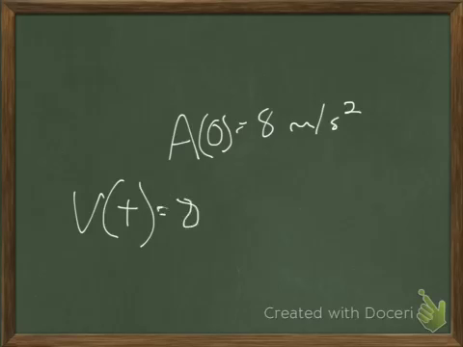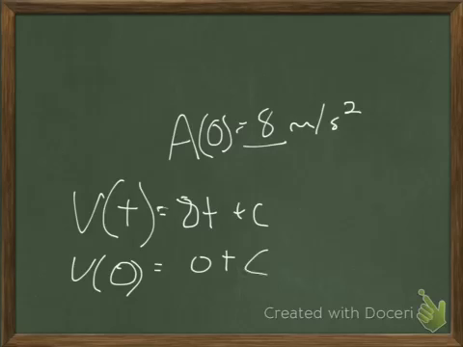So that gives us 8t, because the antiderivative of 8 is 8t, plus c. Now we know already that the velocity at 0 was 40, so if we plug in 0, plus c, we know that c is 40, because we were given that earlier. So we have v of t equals 8t plus 40. That's our new function.